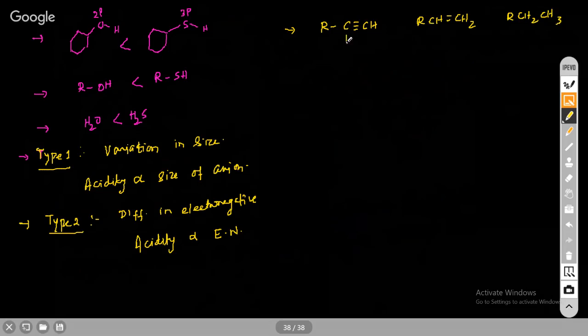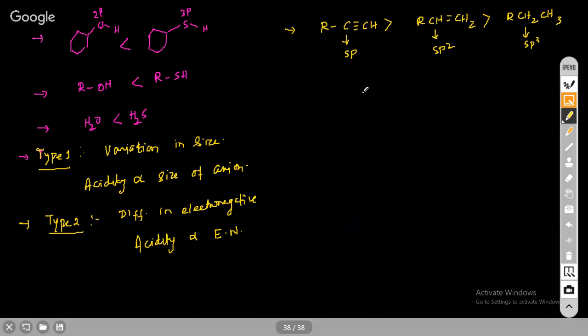Obviously, you see this carbon atom is sp hybridized, this carbon atom is sp2, and this is sp3. So more electronegative atom is this, so order will be this. Right? So this kind of question you may get, difference in size and electronegativity part.